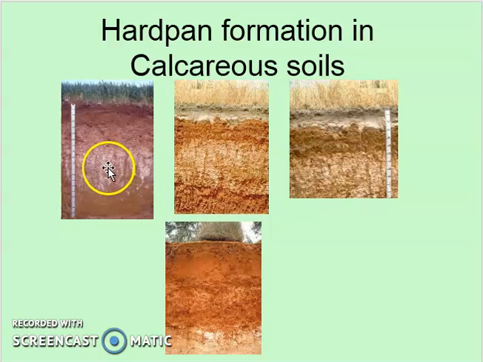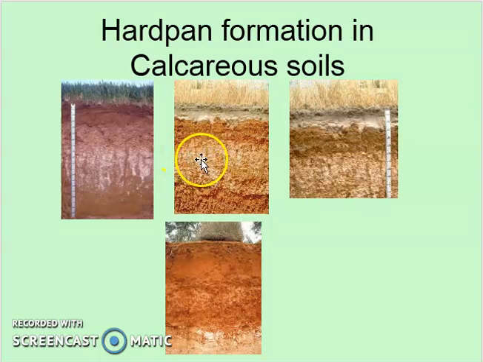The calcium carbonate precipitates and accumulates where the water stopped, and then accumulates step by step to form a hard pan like this. Look here, if you irrigate more water, then the hard pan forms in a deeper location.